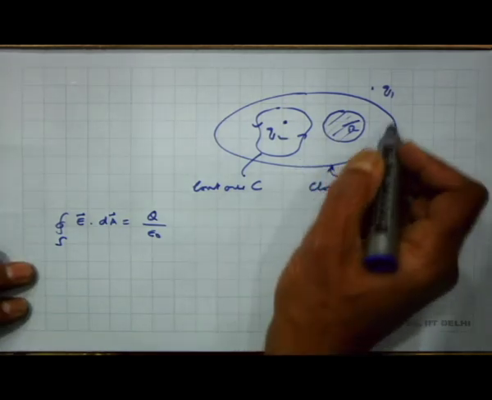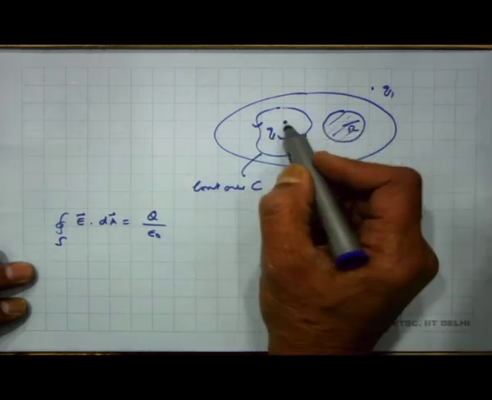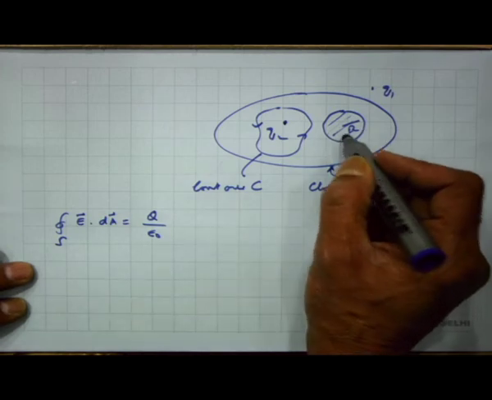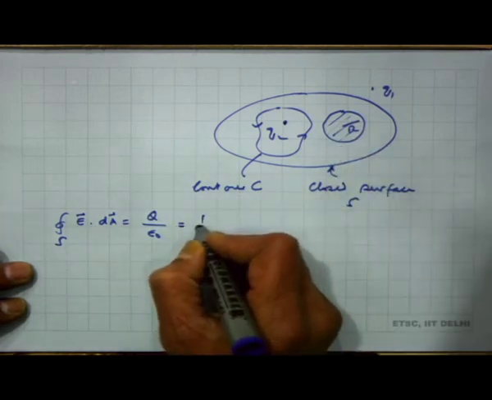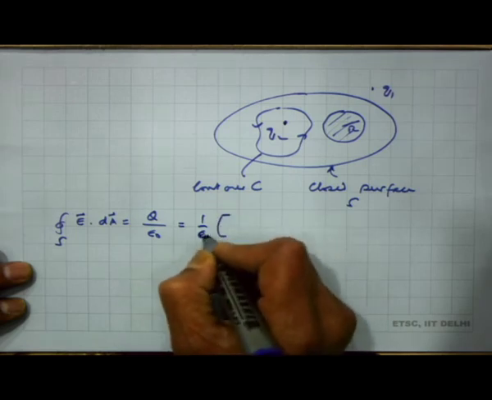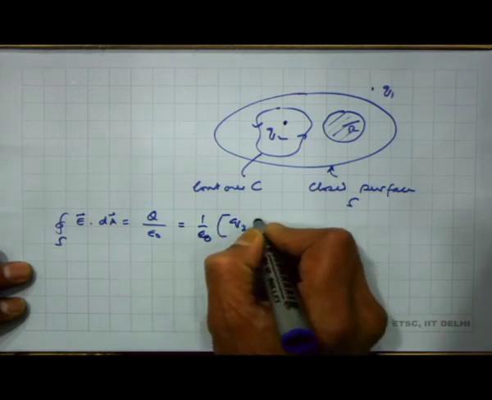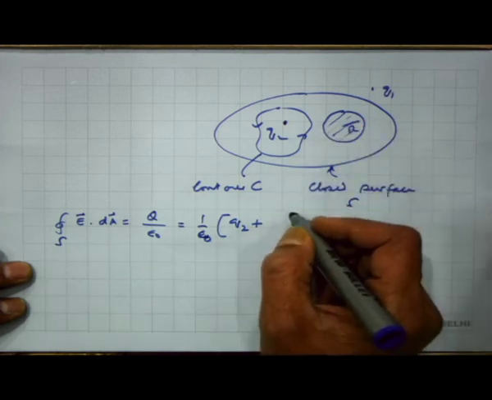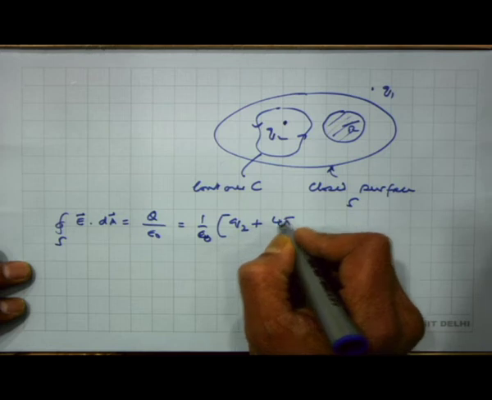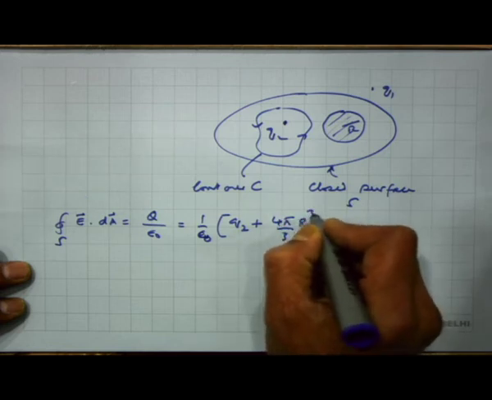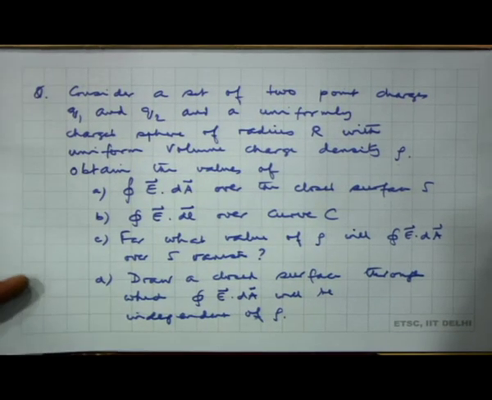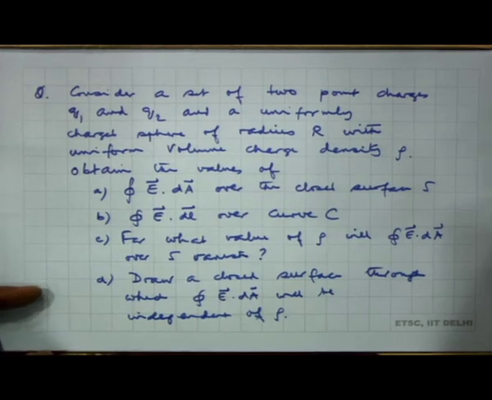The charge enclosed by the surface S has two charges: the charge q2 is enclosed by surface S and the entire charge contained in the sphere is also enclosed by surface S. So, this is nothing but 1 by epsilon 0 times q2 plus the total charge of this sphere, because the sphere is uniformly charged, 4 pi by 3 r cube rho. That must be the value of the electrostatic flux crossing the surface S.